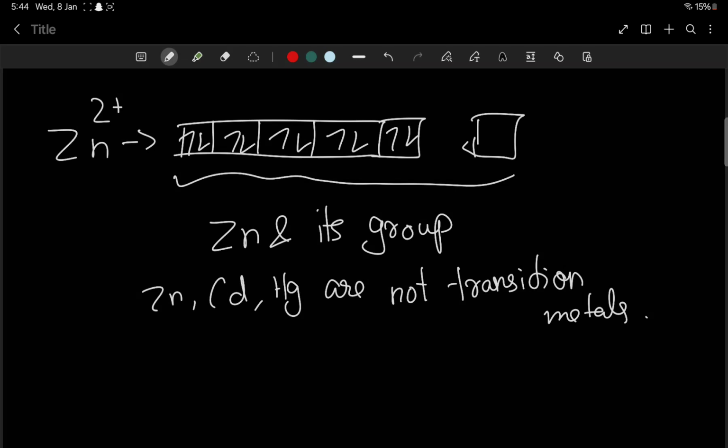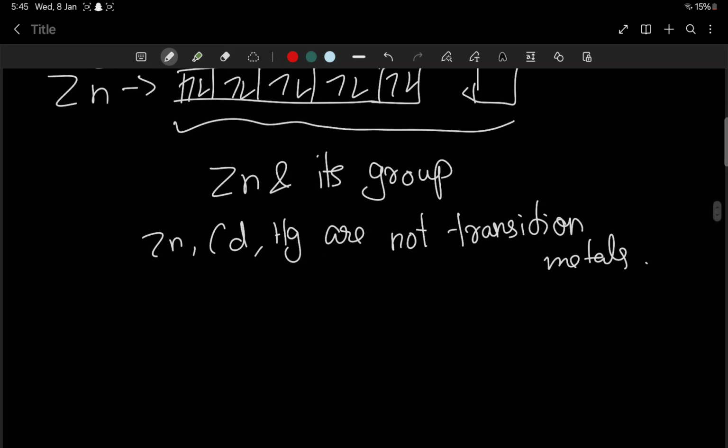Okay, so this is the first thing we should regard. Now we are going to learn about inner transition elements.